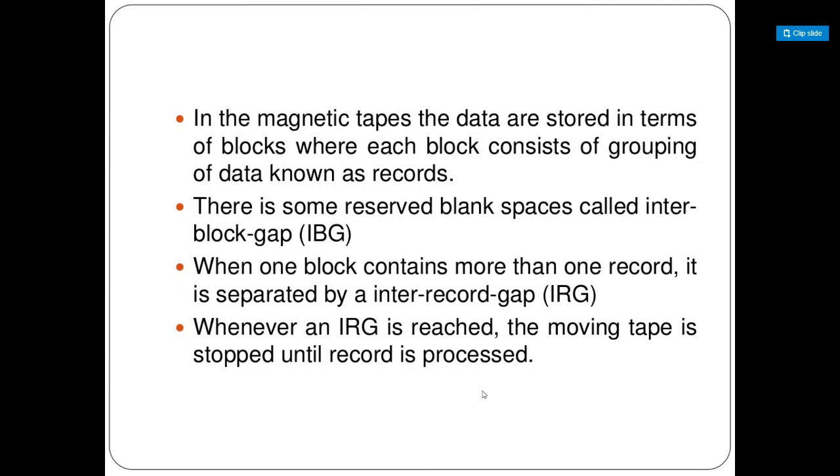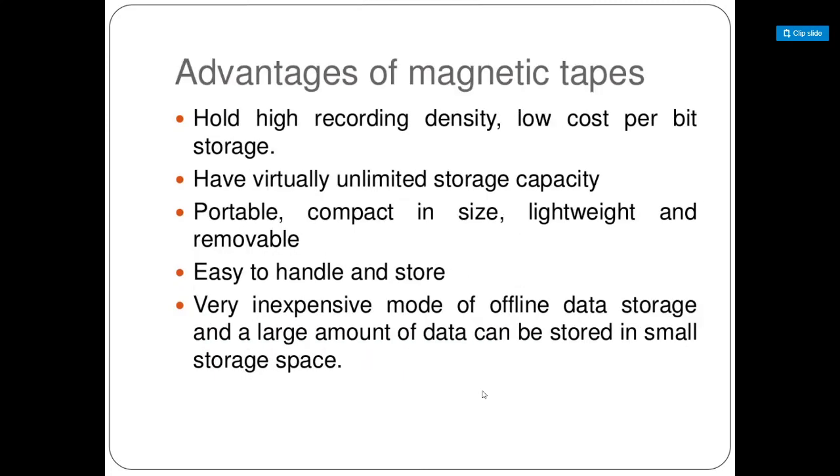So whenever an IRG is there, the moving tape is stopped until the record is processed. That is, whatever information that space contains is processed by the system, and when the process is finished, the reel is again allowed to move.